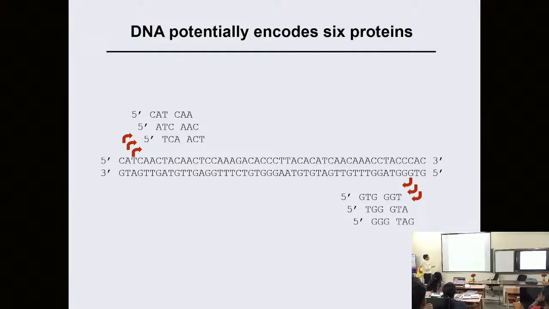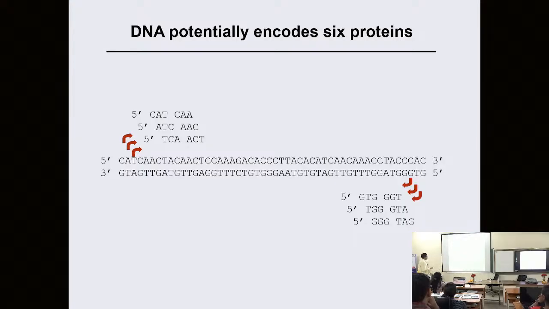Then this would be position 2, 3. So this would be the first codon, and then the second codon would be CAA, CTA, and so on. This is shown here actually: CAT, then CAA, CTA, and so on, right? Then you will use the standard genetic code table to translate it into the first protein sequence.